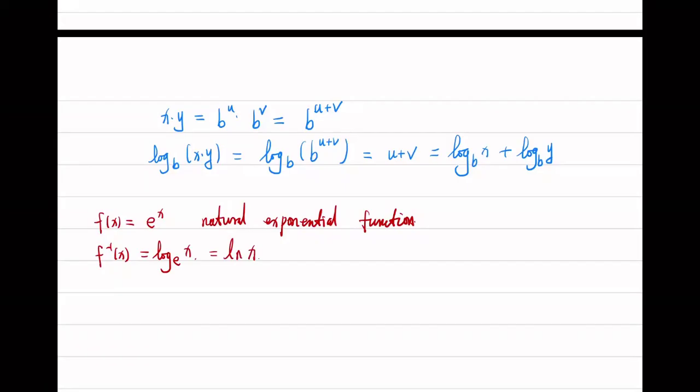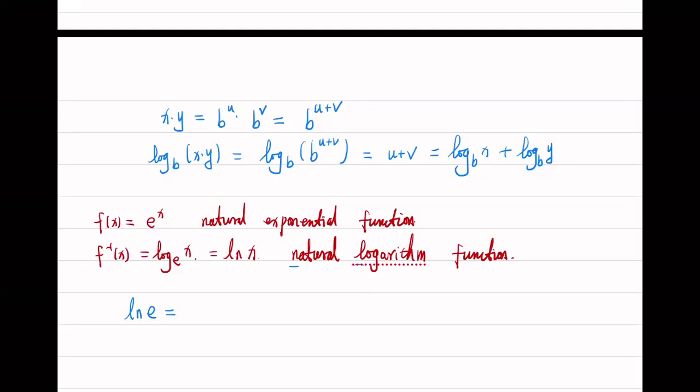Okay, so we call it the natural logarithm, ln. The natural logarithmic function. Okay, now let's check what is ln e.